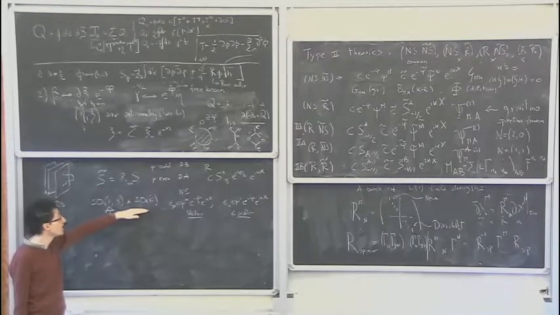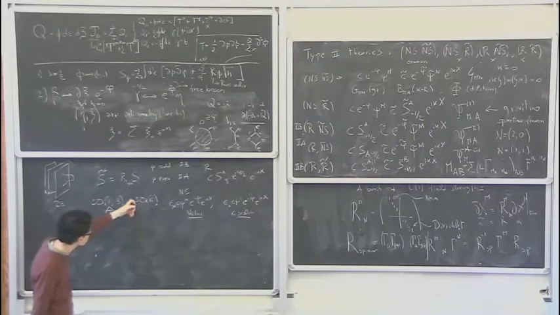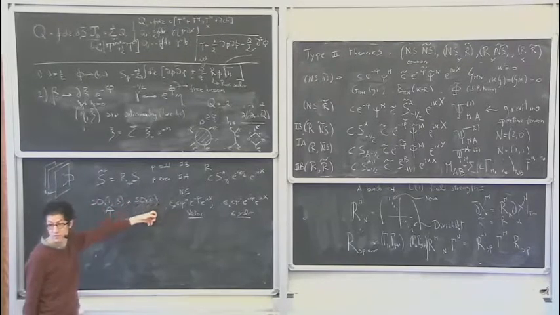And what you will get is 4 gauginos, so 4 spin-1/2 objects, that have a spinor index of this SO(6).